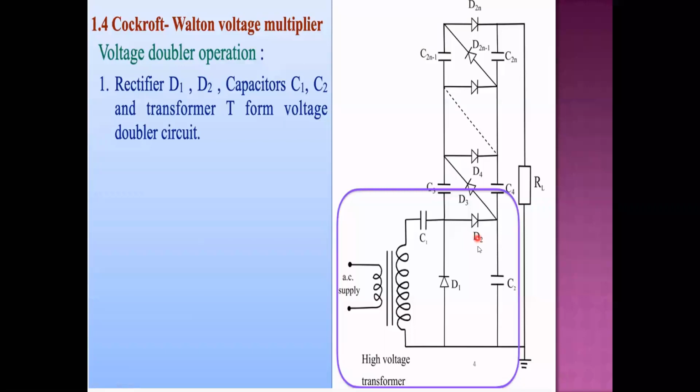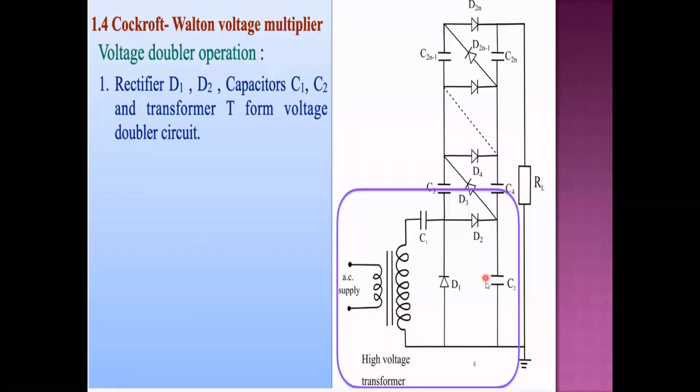By connecting a number of voltage doubler circuits in series or cascade manner, we generate very high voltage across the load. You know well that a voltage doubler circuit gives 2V across the capacitor C2, and then 4V, 6V, 8V.